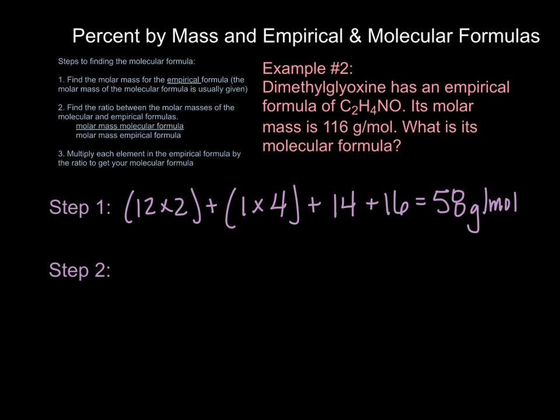Step 2 says to find the ratio between the molar masses of the molecular and empirical formula. So essentially, I'm going to take my molar mass of my molecular formula and divide it by the molar mass of my empirical formula. So I know the molar mass of my molecular formula is 116 grams per mole, and the molar mass of my empirical formula that I just found is 58 grams per mole.